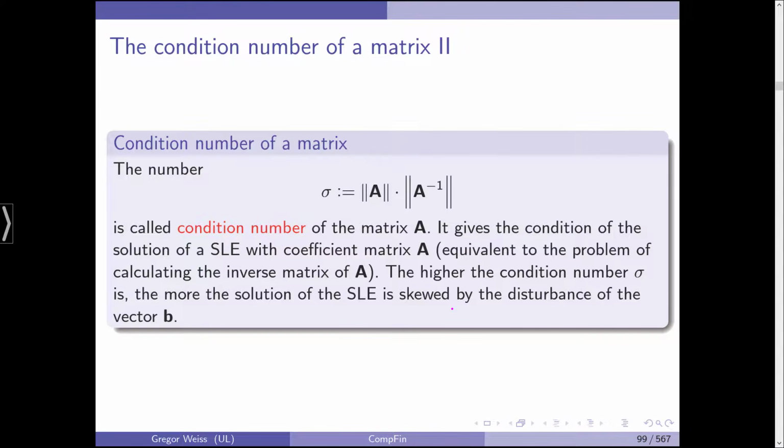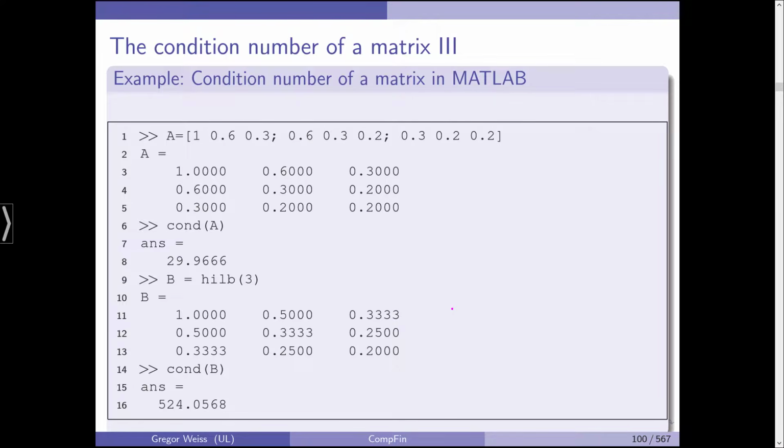We call this the condition number of the matrix A. Of course, it's not for any problem associated with matrix calculation, but this is the condition number of the matrix A in the special case that we are looking for the solution of a system of linear equations with this particular matrix A as the coefficient matrix. The higher the condition number, the more the solution of the system of linear equations is skewed by the disturbance of the vector B.